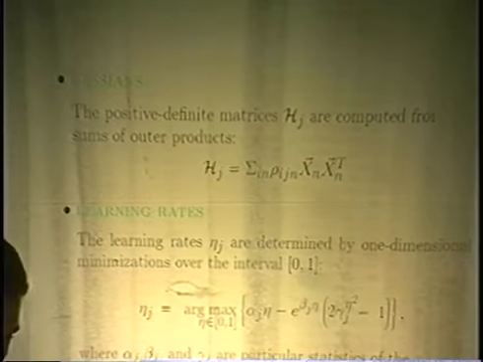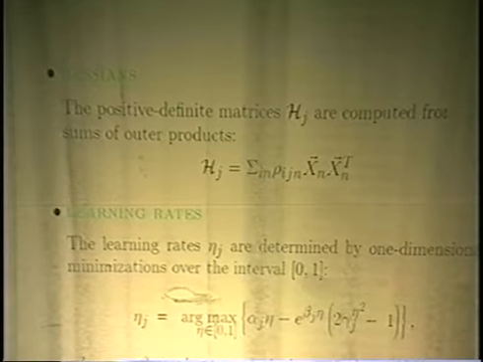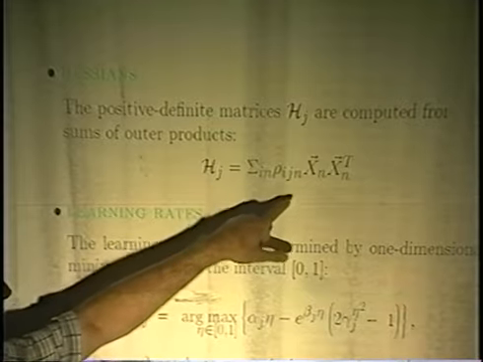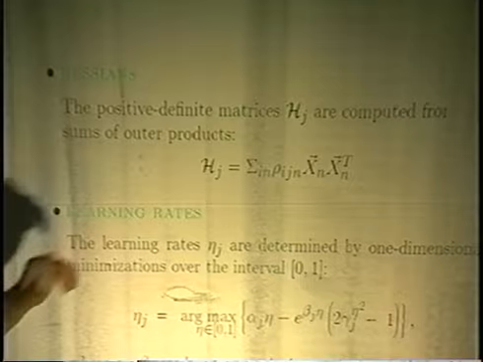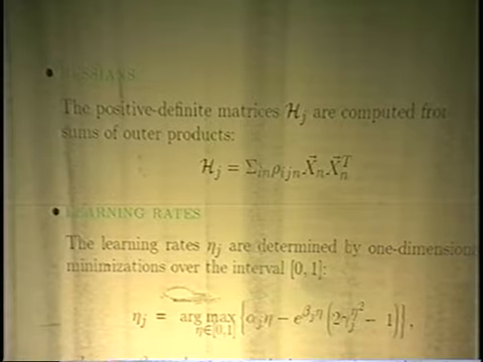But the important thing is that they're positive definite matrices so that you can invert them. You can see they're positive definite because all these responsibilities are positive, and this is just a weighted sum over all the examples of outer products. So that's going to give rise to a positive definite matrix.